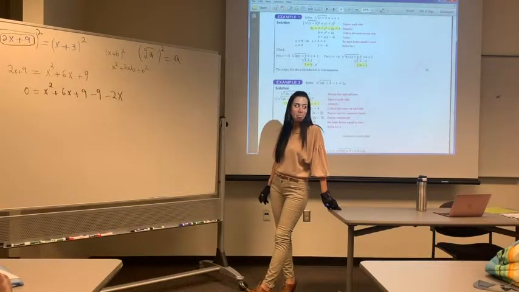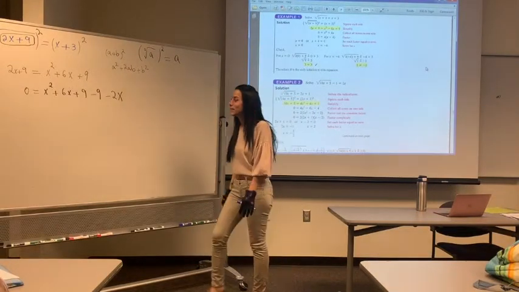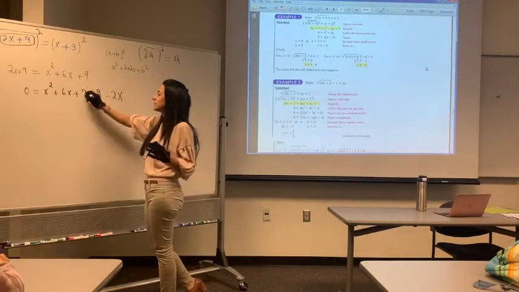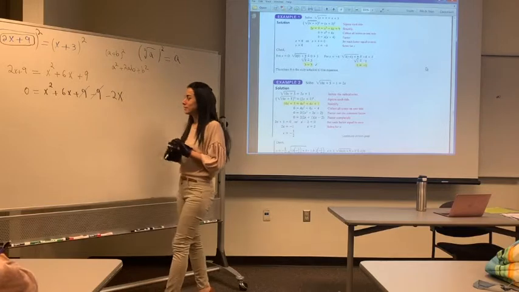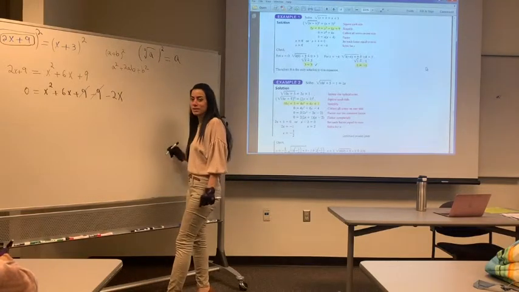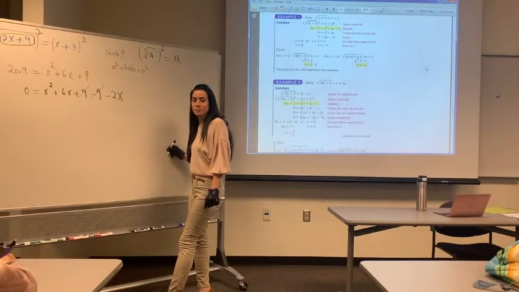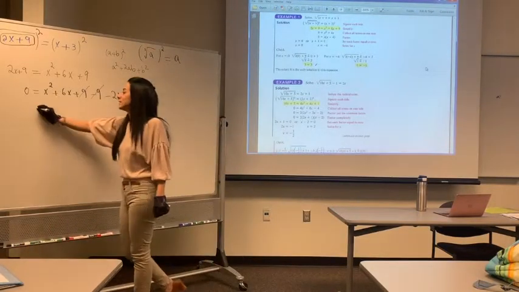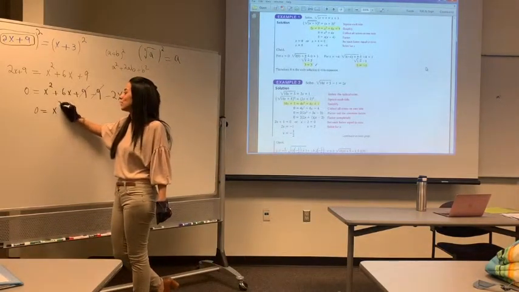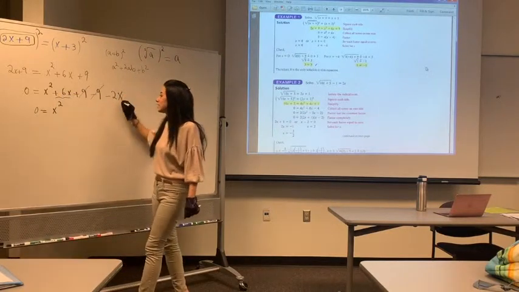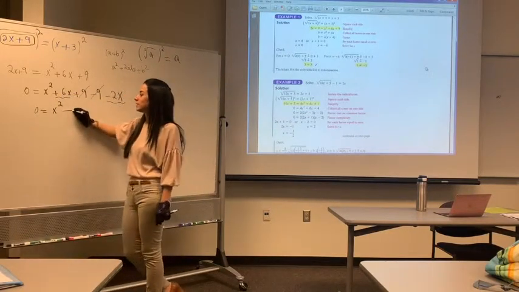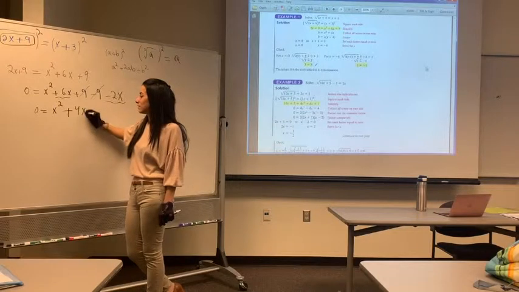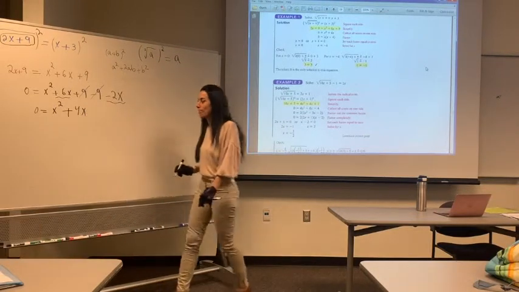Correct? So combine the like terms. Obviously this one cancels with another 9. Then 0 is equal to x squared, 6x negative 2x is plus 4x.